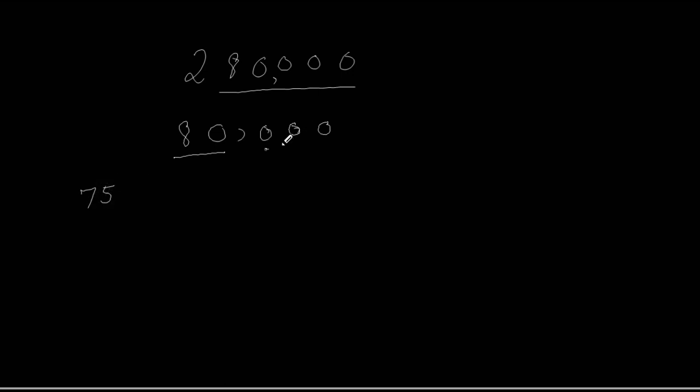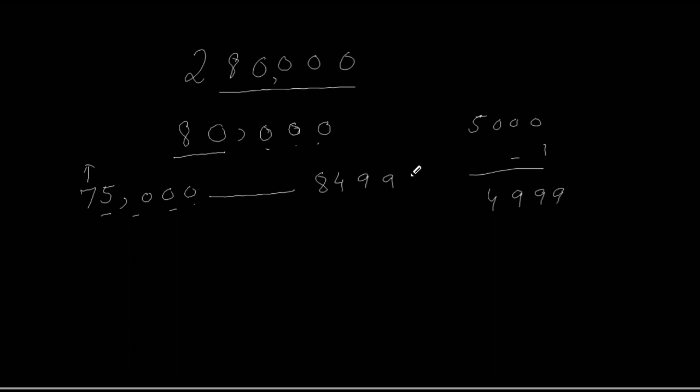Just write three zeros ahead, 1, 2, 3. Then what is the last number? Go one up, that is 8, and go one down from all of these numbers. That means 5000 minus 1 is going to give you 4999. So this is the final answer. This is the range of numbers which can be rounded to 80 thousands.